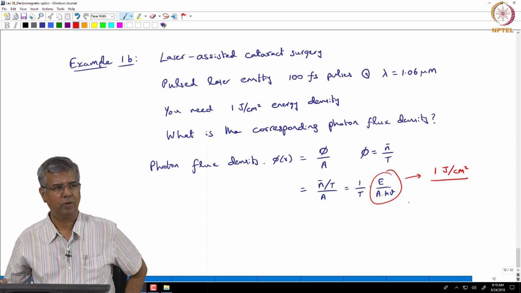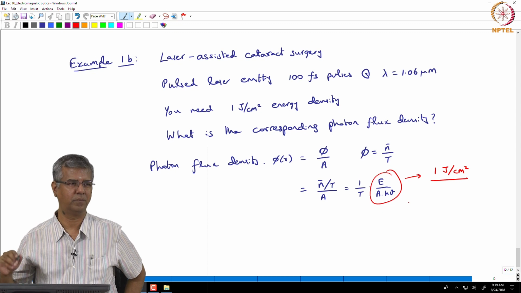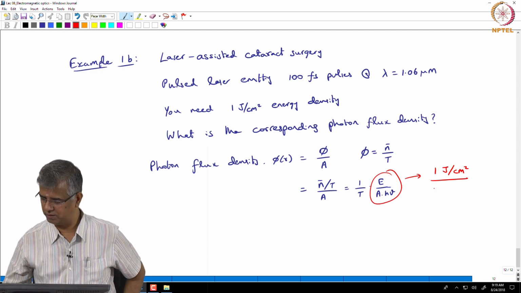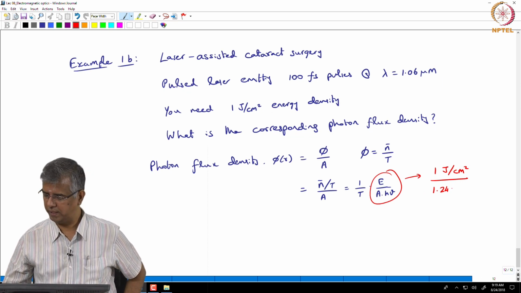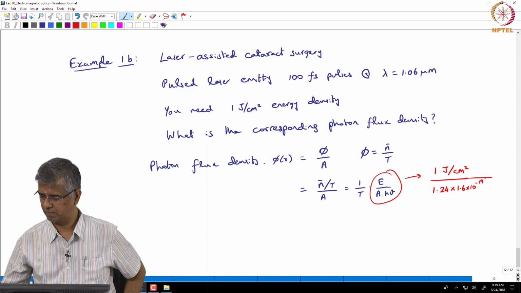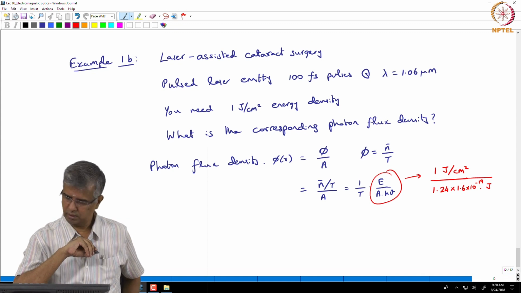H nu for a lambda of 1.06 micron, what do you think it would be? It's around 1.24 electron volt, right. So this is basically 1.24 electron volt, and then you convert that to joules, right. Multiplied by 1.6 into 10 power minus 19, right. So that will be in joules, right.